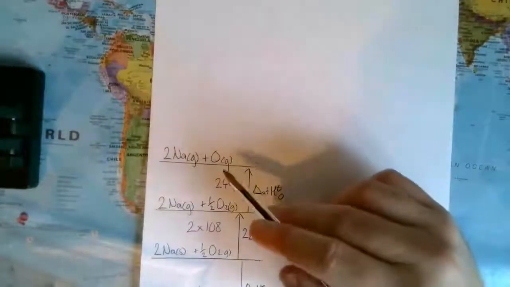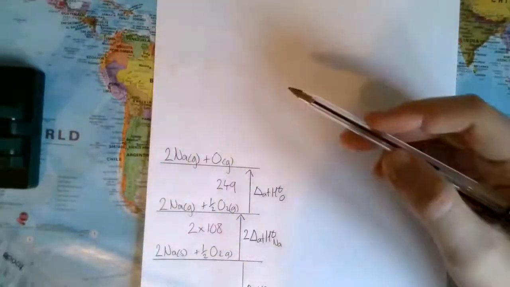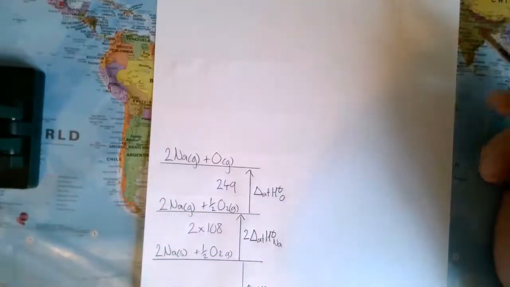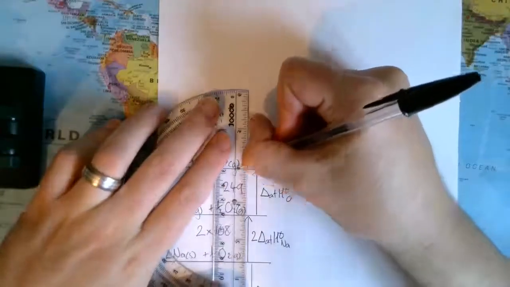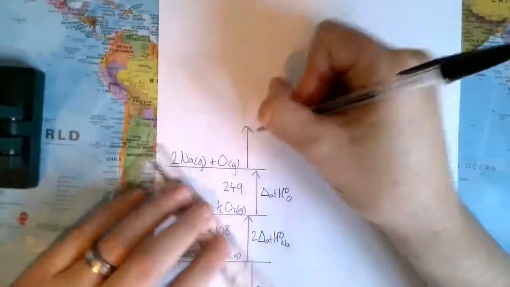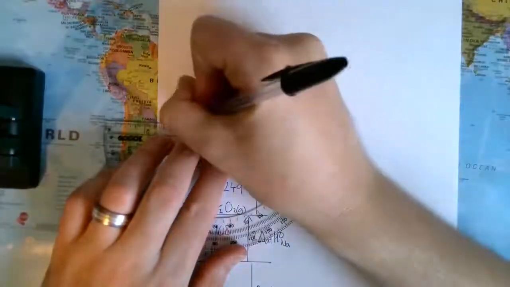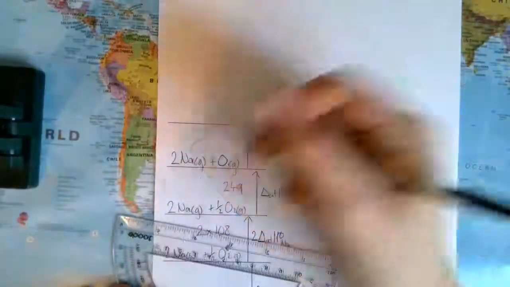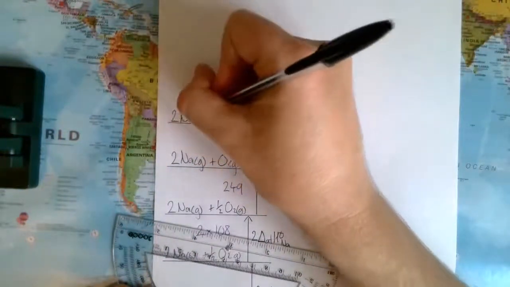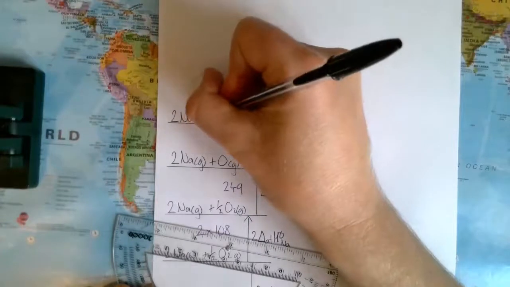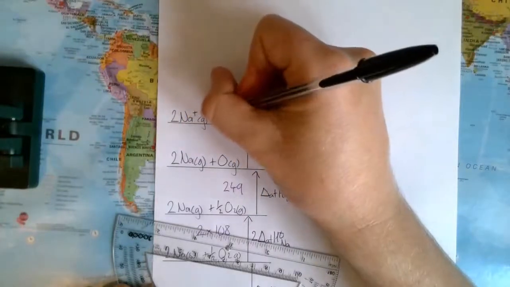Okay, at this point we have to turn these gaseous atoms into gaseous ions. I'm going to start with the sodium again. I just do the metal first, there's no deeper reason for that. We had 2 moles of sodium as gaseous atoms, so what we will end up with is 2 moles of gaseous sodium ions.